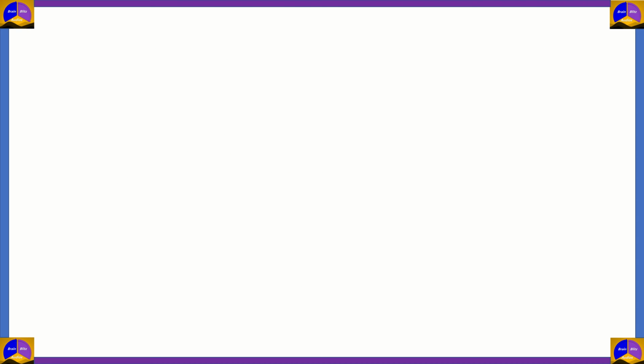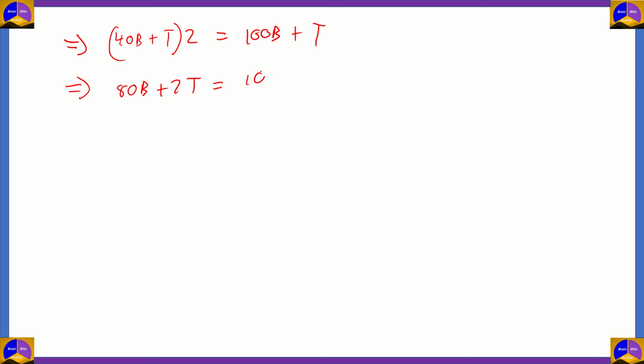Now from here, we'll take 2 to the left-hand side. So that is 40B plus T times 2 equals 100B plus T. So multiply 2 to both 40B and T, you'll get 80B plus 2T equals 100B plus T.